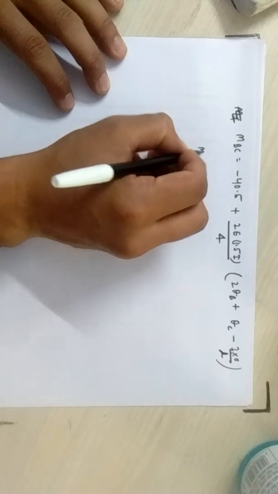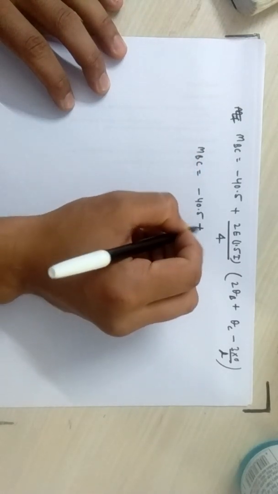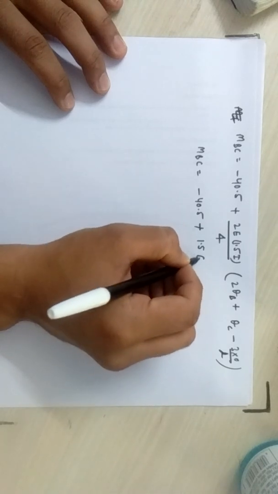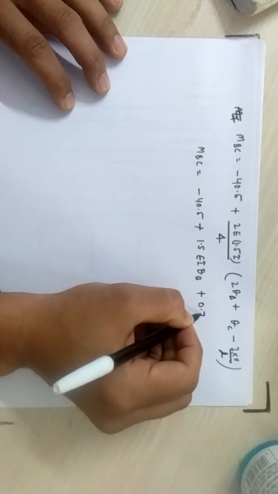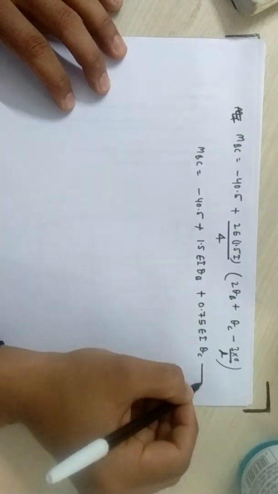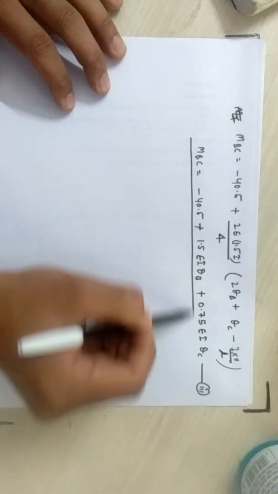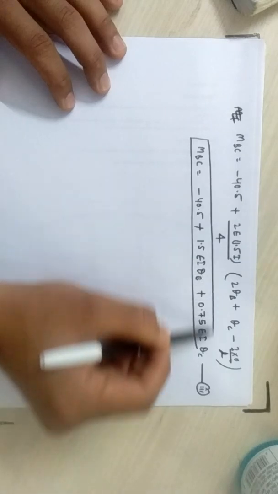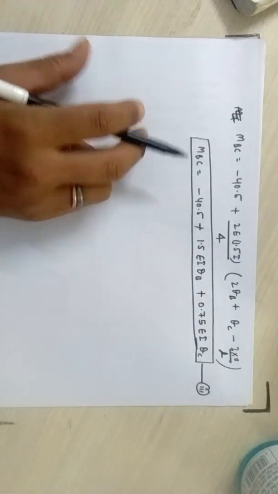Okay, so MBC will be minus 40.5 plus 1.5 EI theta B plus 0.75 EI theta C. This is our equation number 3.